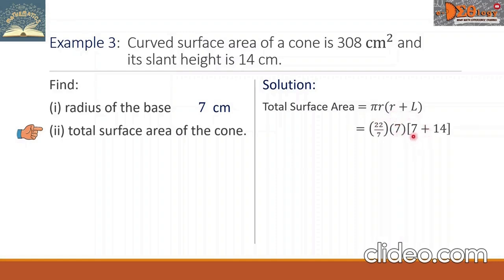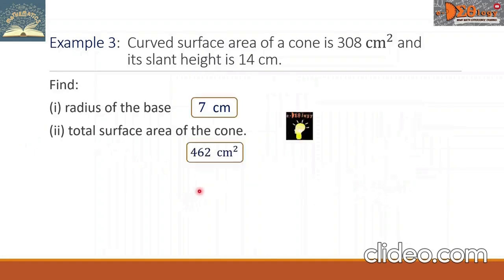So that is 7 plus 14. In here, we can see that we can cancel the denominator and the 7 here. Then we add 7 plus 14 as 21. The product now is 462 square centimeters. We write this answer down for the second problem. We have now the final answers.